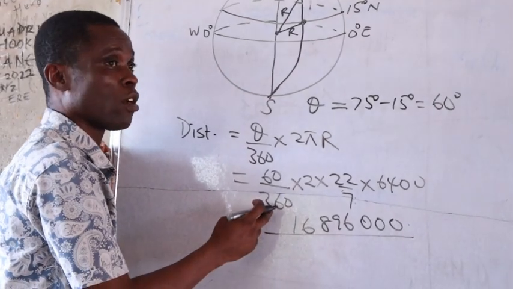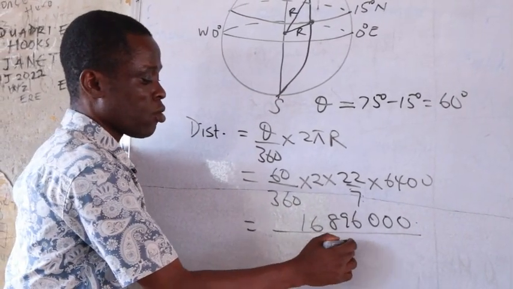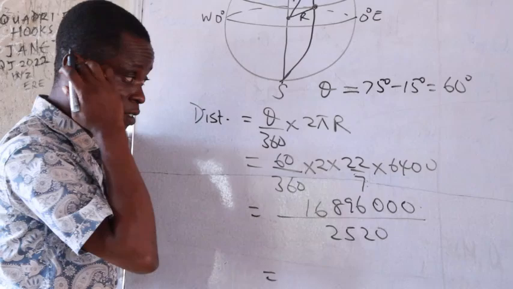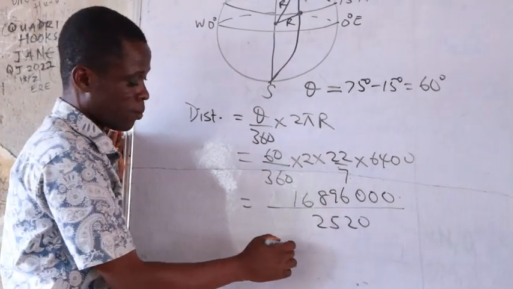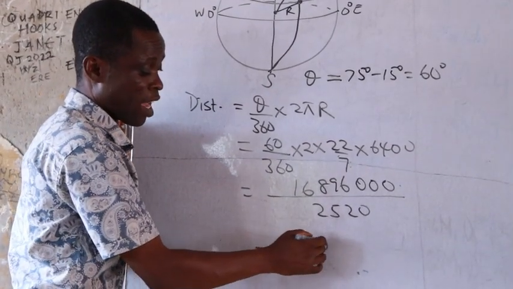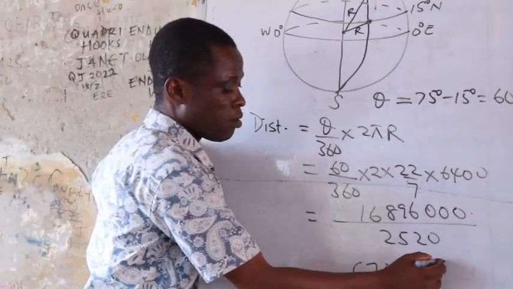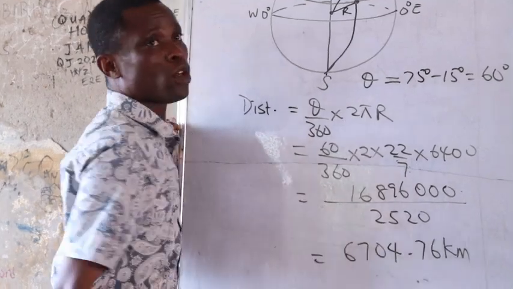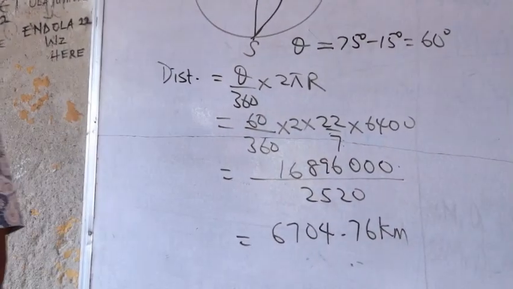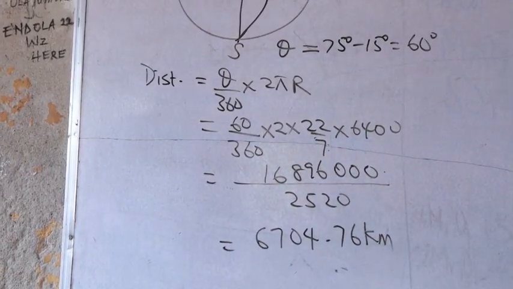All over the product of 360 times 7, which is 2520. Now divide. What do we have? 6704 kilometers. Do we have a degree of accuracy? No. Okay, so that's the solution to the first one.